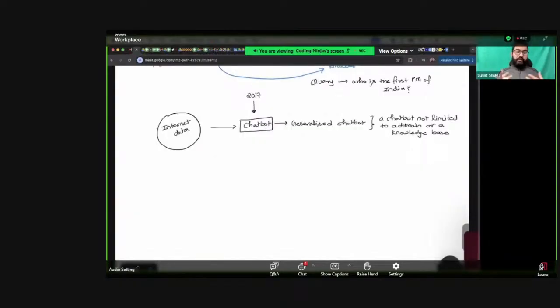data. So if I make someone learn or memorize the entire internet data, that particular person would actually be able to answer any of my questions, right? Because the internet has the answer to every question. So that was the thought process which they wanted to implement.